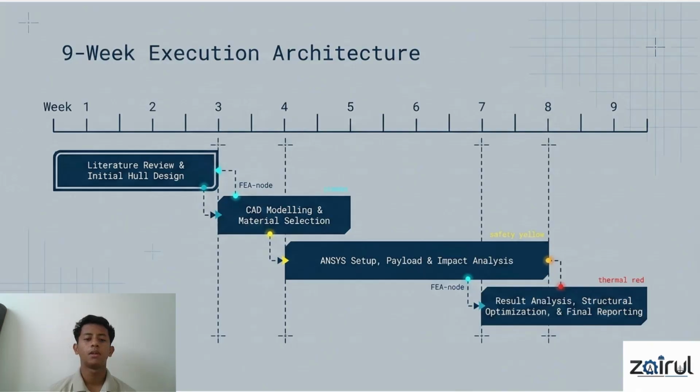Finally, the last weeks are dedicated fully to the simulations and finishing the report, interpreting the results, writing the report, and preparing this presentation for my proposal. This schedule ensures the research is completed systematically.